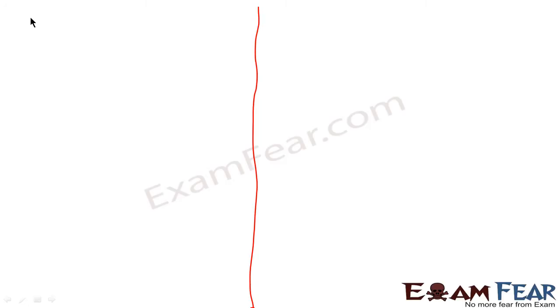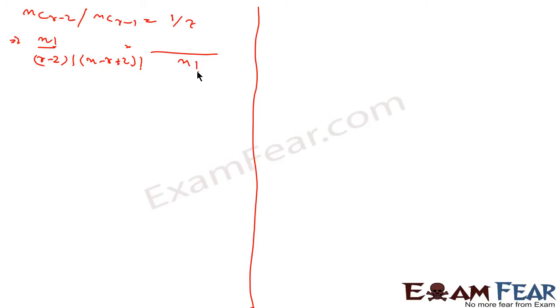The first equation was nC(r minus 2) by nC(r minus 1) is equal to 1 by 7, or I can say n factorial by (r minus 2) factorial (n minus r plus 2) factorial, divided by n factorial by (r minus 1) factorial (n minus r plus 1) factorial, and this whole thing becomes 1 by 7.